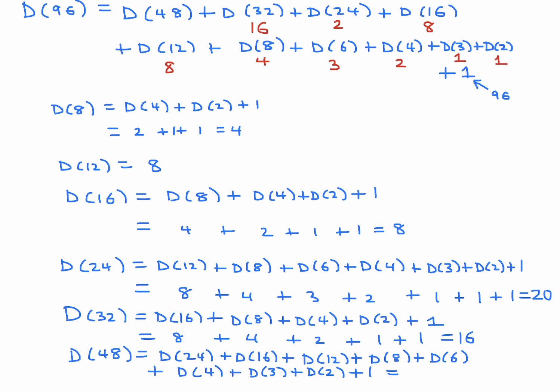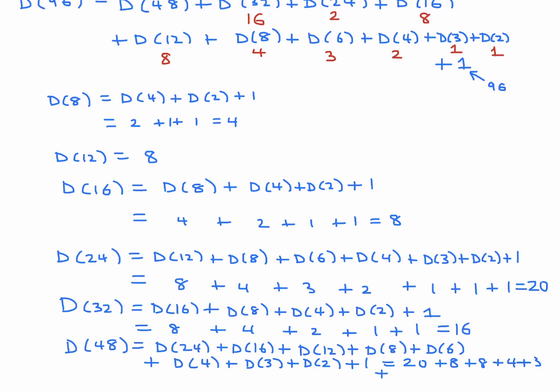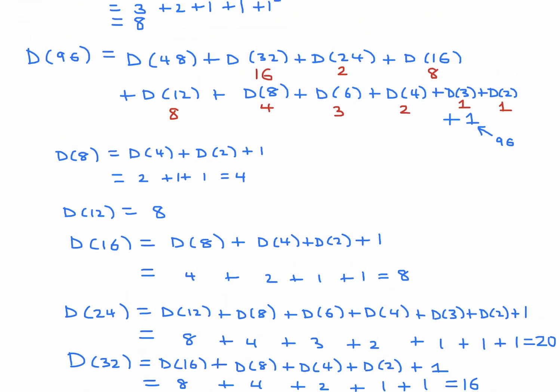And all of these guys added up, this is what D24 was 20, D16 is 8, and then D12 is 8, and then we have plus 4 plus 3 plus 2 plus 1 plus 1 plus 1, and that is equal to 48. Okay, that was the last piece of the puzzle, 48.